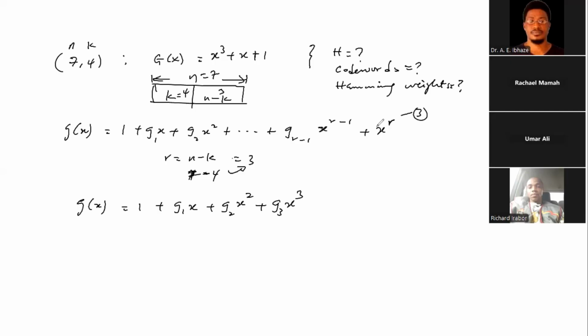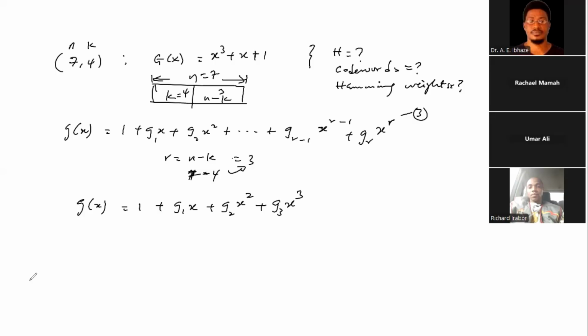Right? Yes, sir. Going back to the g of x, that means the last one here is supposed to be g_r x^r, definitely with this coefficient, right? Yes, sir. Now that we have this, for the (n, k) cyclic code, we already know that we have n as the encoded block length.